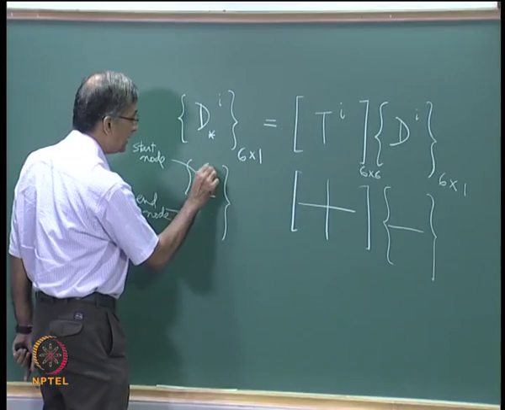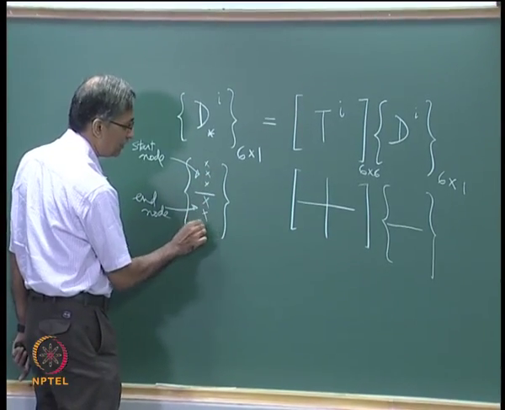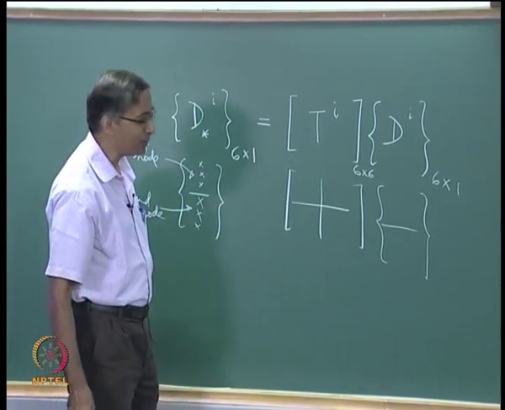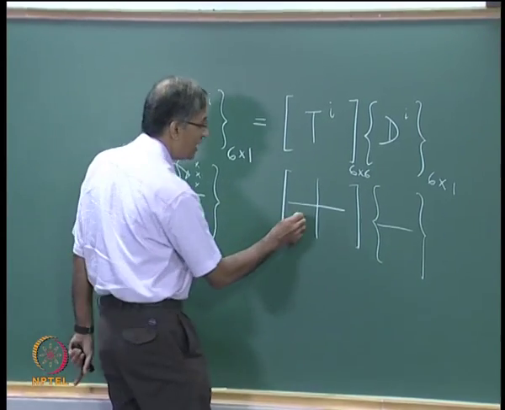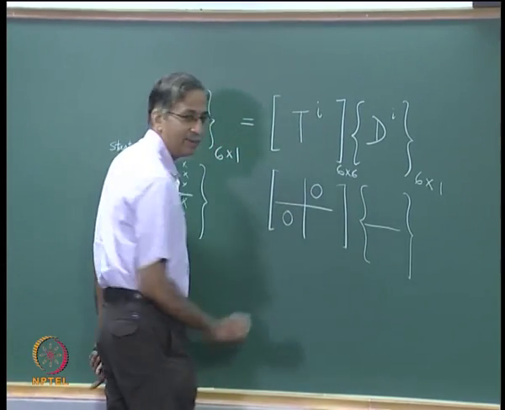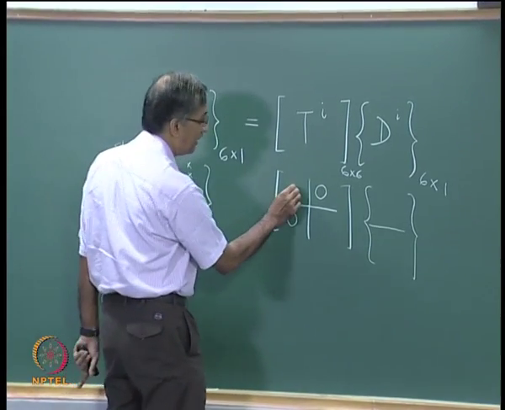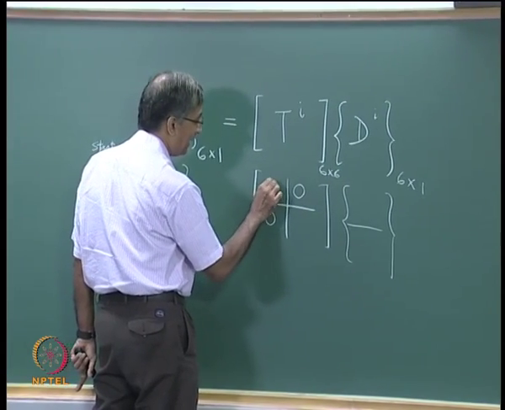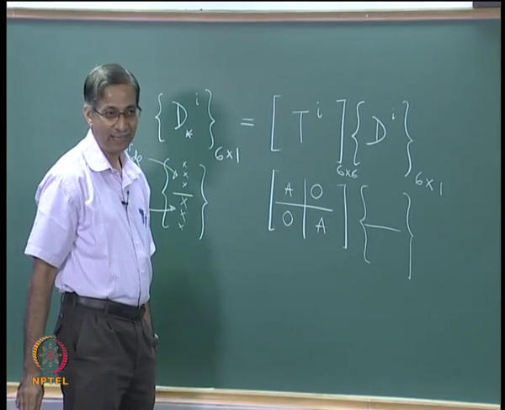Actually, this is independent with this, and this whole thing is independent with these. So you will get some zeros somewhere here, no? Which will be zeros? Yes, the off diagonal matrices will be null matrices, right? And whatever relationship you get here, let's say this is A, this will also be A. Does it make sense?